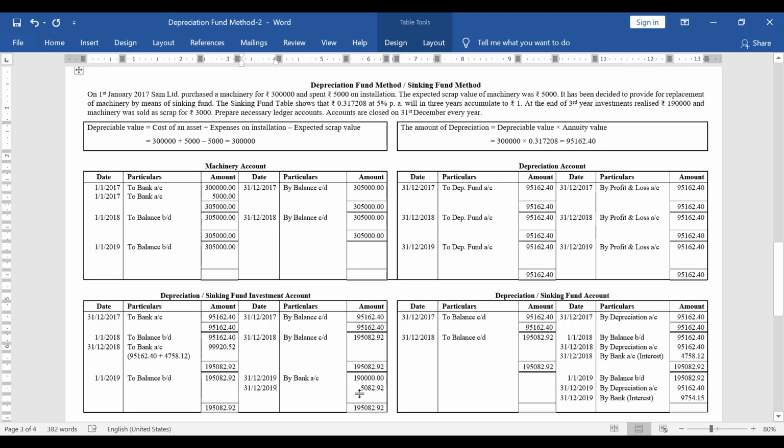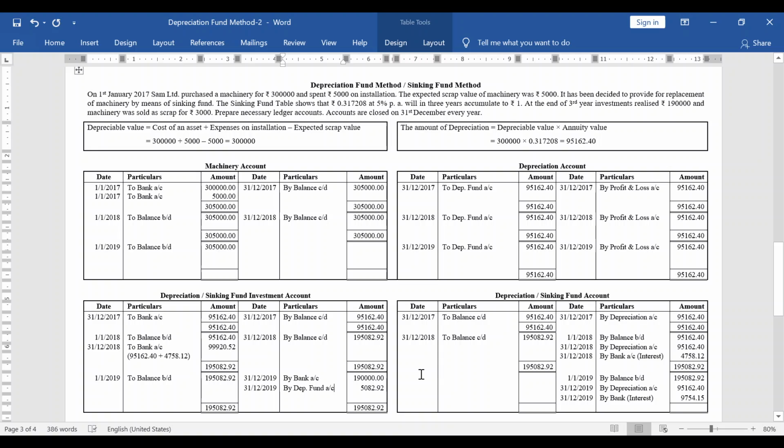This indicates a loss on sale of investment, and loss made on sale of investment is debited to depreciation fund account and is credited to depreciation fund investment account. That is, the entry for loss on sale of investment is depreciation fund account debit to depreciation fund investment account.